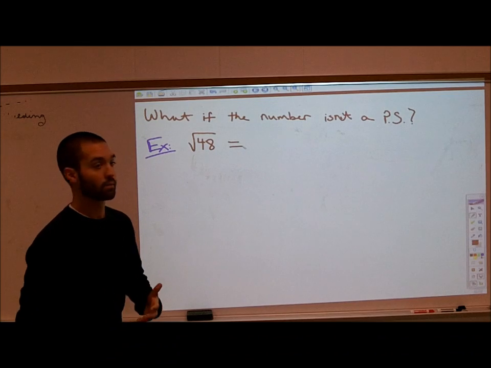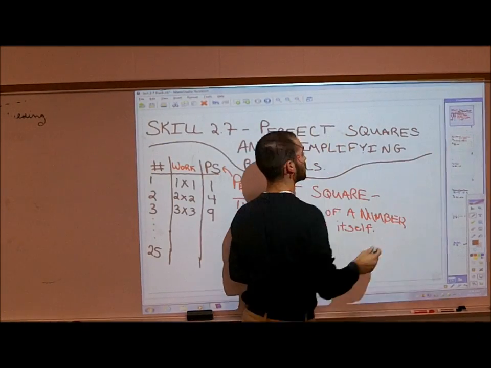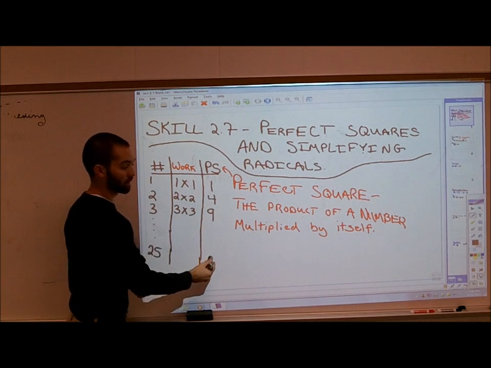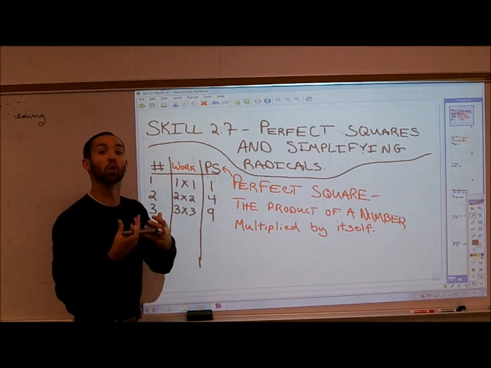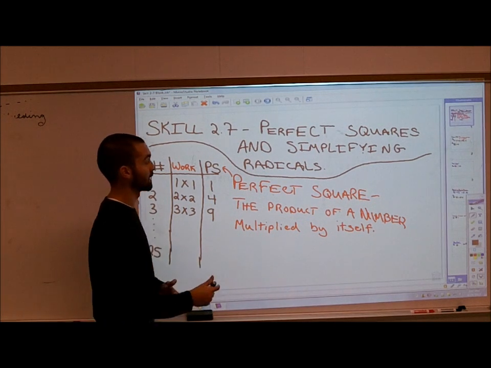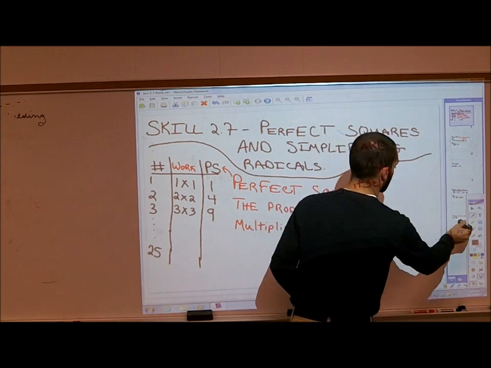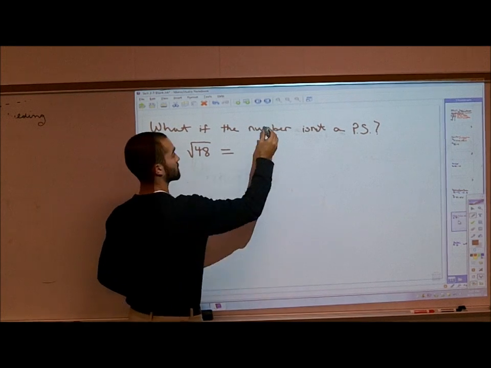Well, what I would do is go back to my perfect square table. I would start with the largest perfect square that could go into 48. So in this case, the largest perfect square would be 36.